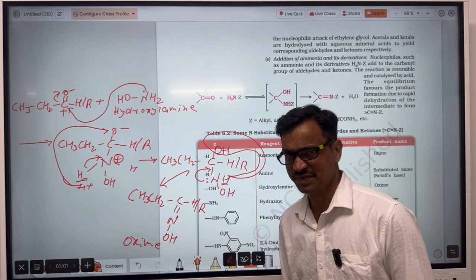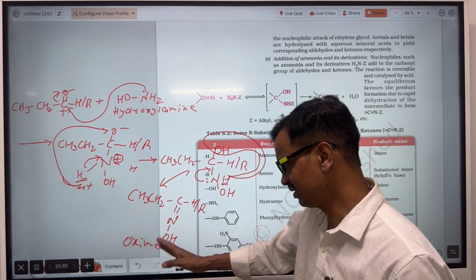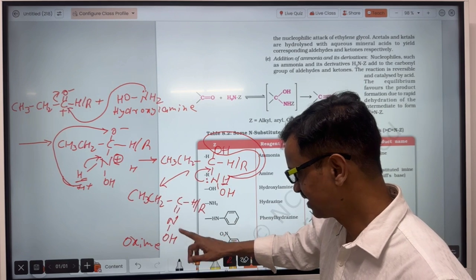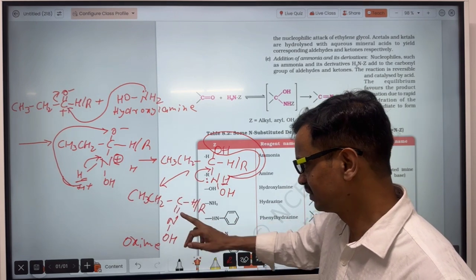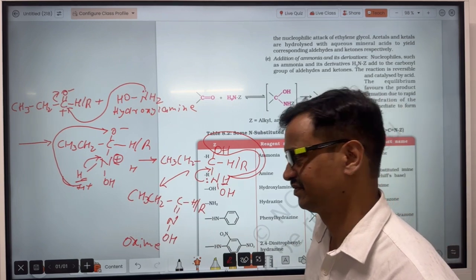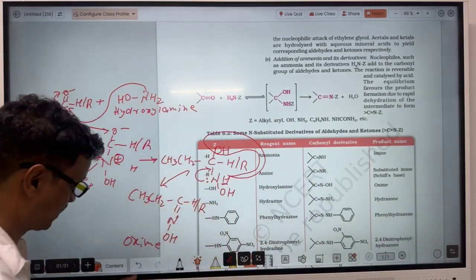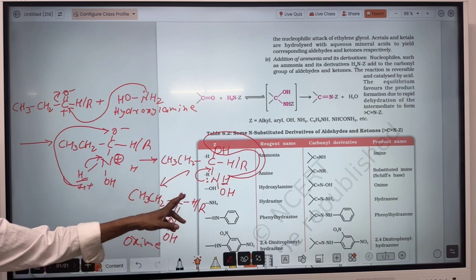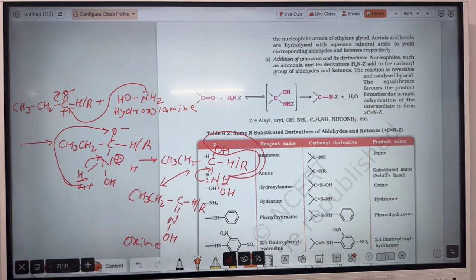So that was called Schiff's base. Here, nitrogen is bonded to one OH and to the carbon atom through a double bond. So this is called an oxime. In this compound, nitrogen is bonded on one side to OH and on the other to the carbon through a double bond. That's why this compound will be called an oxime.